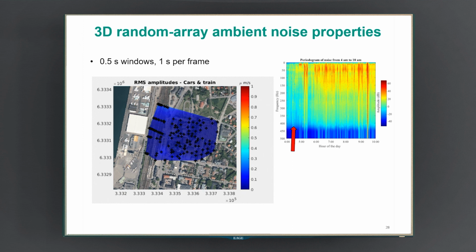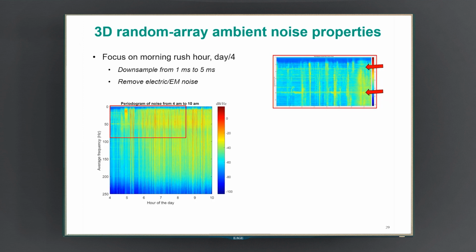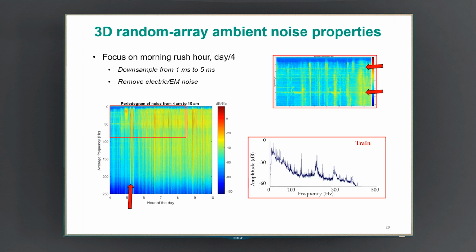If we now focus a bit more on our power spectral density plots, we can see that numerous monochromatic frequencies can be noted, and some of them are indicated by the red arrows. So going back now to our train amplitude spectra, we can also see these monochromatic frequencies as sharp spikes.